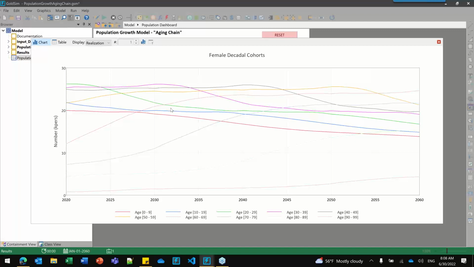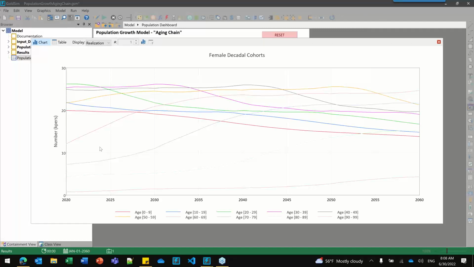And that's what the model is doing. That's how an aging chain works. But to roll all of that up, it's just summing these into 10 years to just make it easier to visualize. And even this alone is still quite a bit of information, as you can see.